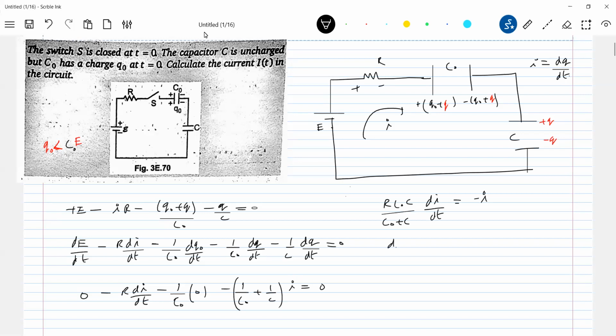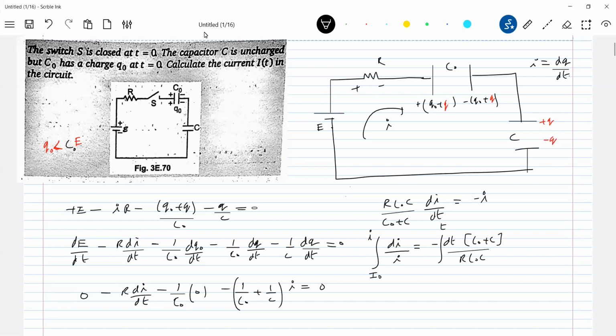So di by I is equal to dt by R C naught C by C naught plus C. So negative sign. At t equals 0, we don't know that initial current. Let me call that as I naught. And at any time, let it be I.